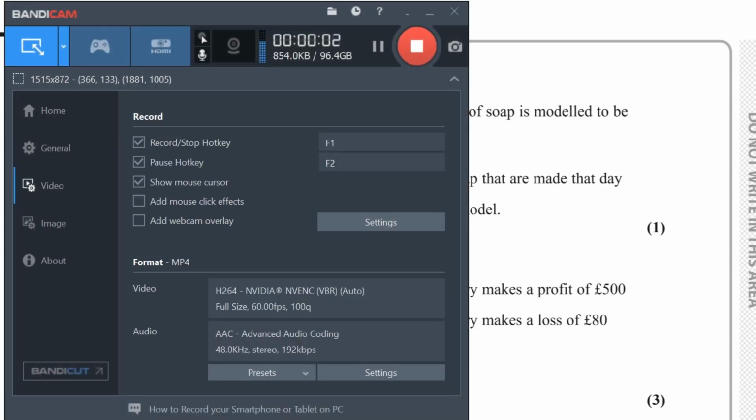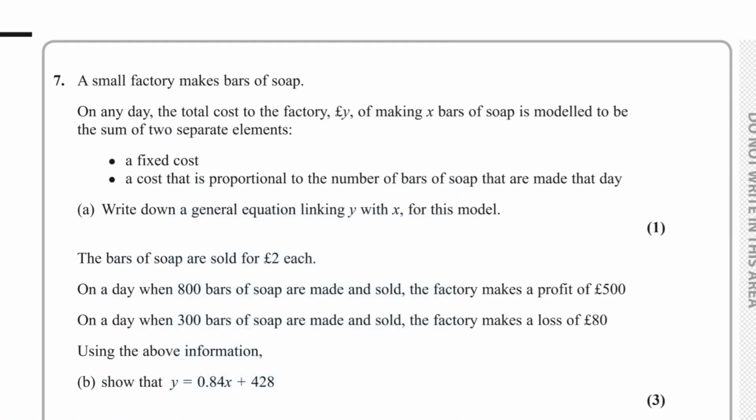Okay, so now for question number 7. A small factory makes bars of soap. On any day, the total cost to the factory, y pounds, of making x bars of soap is modelled to be the sum of two separate elements, a fixed cost and a cost that is proportional to the number of bars of soap that are made that day. For part A, we have to write down a general equation linking y with x for this model.